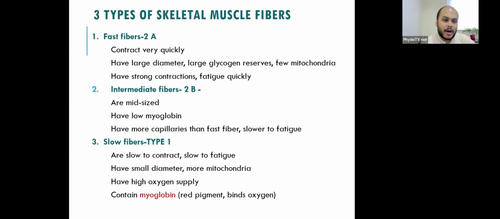The second type are the intermediate fibers. But before going towards that, let's go on to the third type and we'll come back to the intermediate type. So we're talking about the slow fibers, that is the type 1 fibers. Type 1 fibers are slow fibers because they tend to contract slowly. They are slow to fatigue because they have a rich mitochondria backup, and they have a very high oxygen supply, because again they contain very high myoglobin.